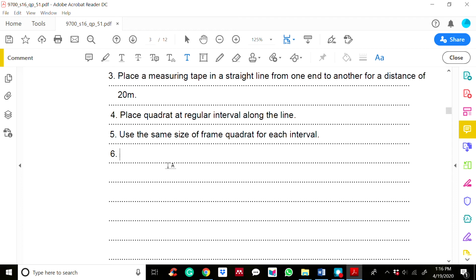To help identify the types of species found in the quadrat, you can use photographs, apps, or nature guides.